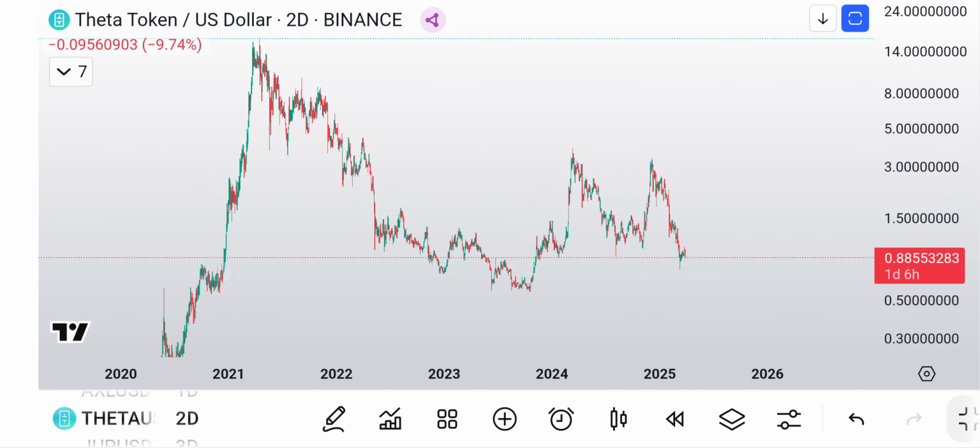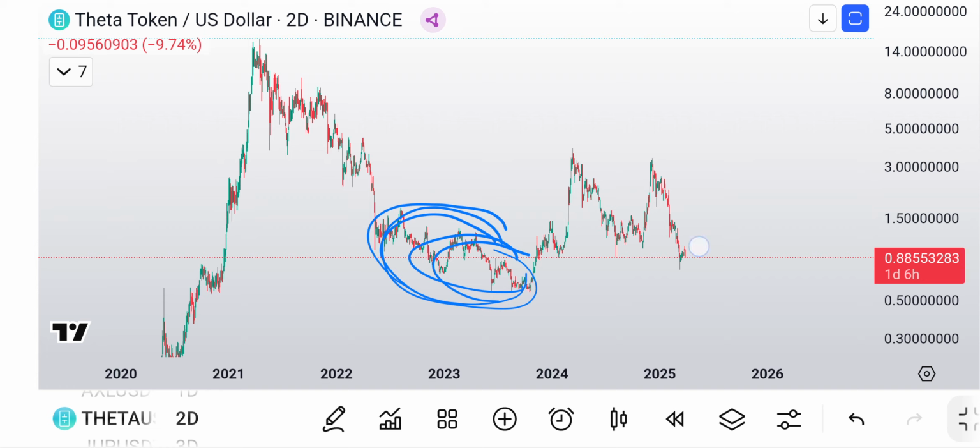Remember what happened back over here. FTX collapsed, right? Remember Three Arrows Capital, Celsius, and FTX. That all happened at the bottom of the bear market, right? So terrible, terrible news. And where did the terrible news happen? At the bottom, at the low. And what's happening now? Terrible news.